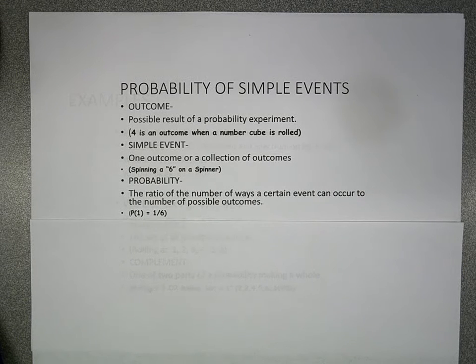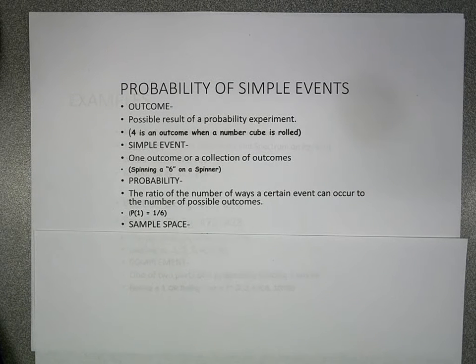Don't write down those outside parentheses, but write down the P and then 1 inside parentheses equals 1/6. When you see something like that, it means the probability of rolling a 1 is 1/6. You have a 1 in 6 chance to roll a 1. We'll get more into detail in just a bit on that.